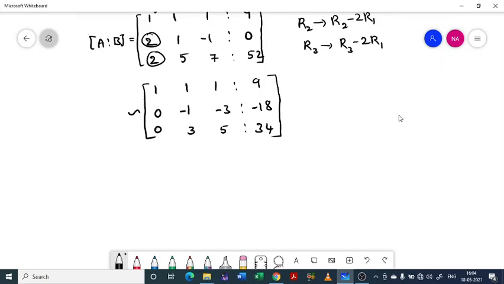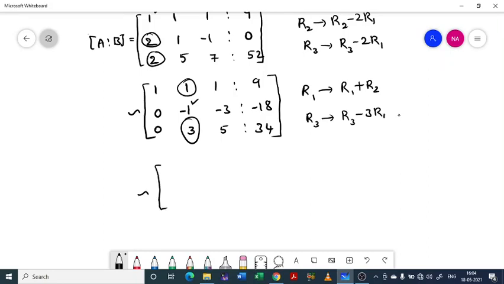Okay, next, fixing this we have to make this 0. So the suitable operations are R1 changes to R1 plus R2, that is the easiest one. R3 changes to R3 minus 3R1, and then it will be first row 1 plus 0, 1 0 minus 2 minus 9.